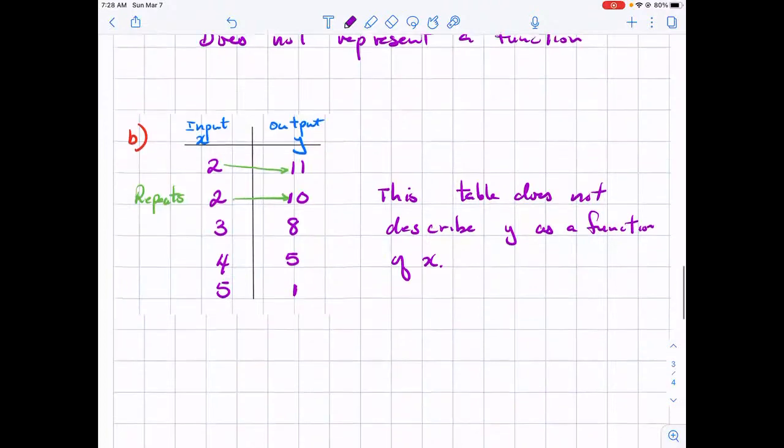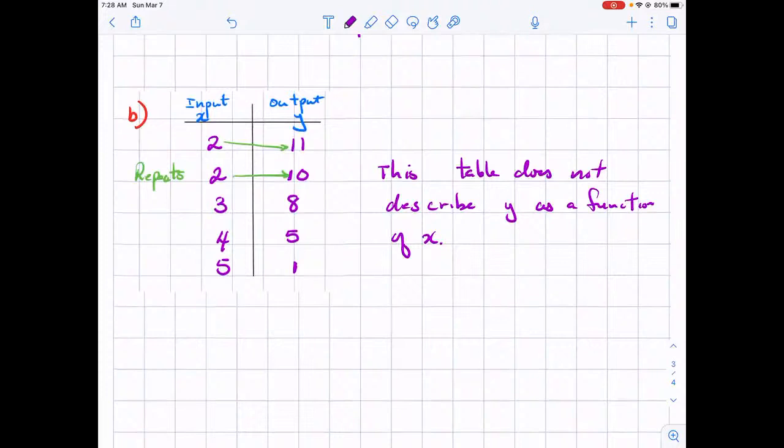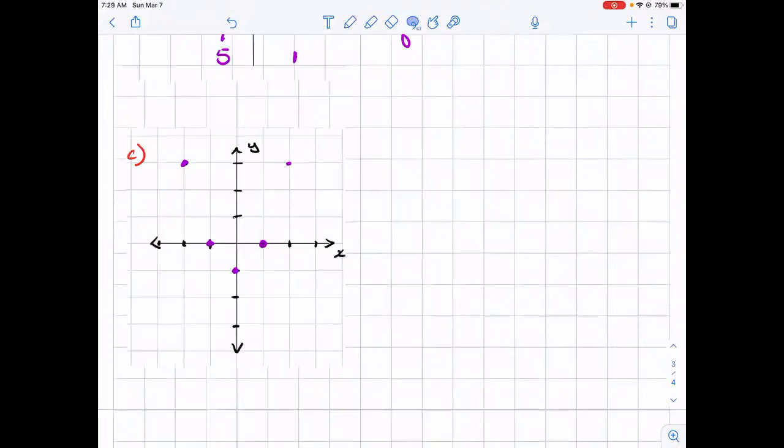Okay, if we look at scenario C, here we can see that the graph does describe y as a function of x. Each input value is matched with exactly one output value.